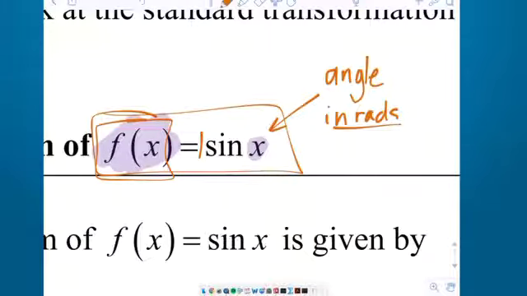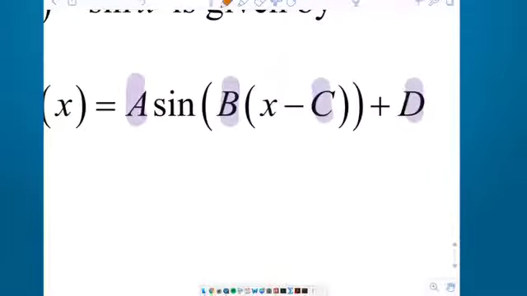So guess what the default amplitude for sine is? 1. It goes up 1, then down 1 from 0. But if you doubled the height of the sine wave by putting a 2 in front, now the graph is twice as tall, and now the amplitude is 2. It goes up to 2 and down to negative 2. Good. Now the b, remember b always does what to the graph of any function when you multiply by x?